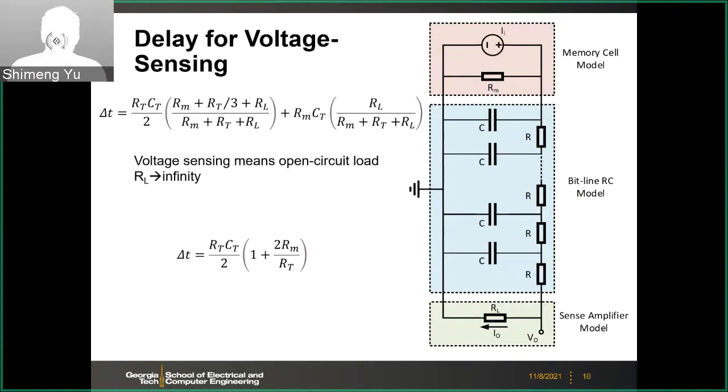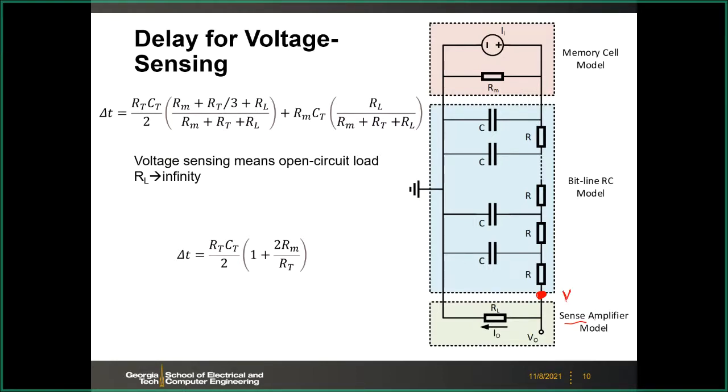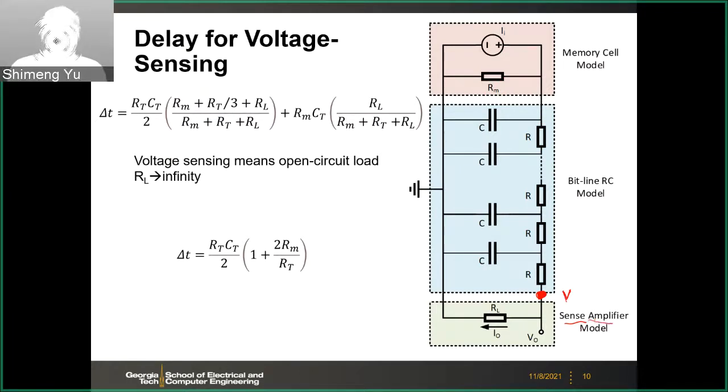The first case is voltage sensing. If your sense amplifier is going to sense the voltage from the bitline, what does that mean? If you sense the voltage here, at the end of the bitline, the sense amplifier equivalently should have an infinite input resistance, which means RL as a load to the bitline will be infinity.